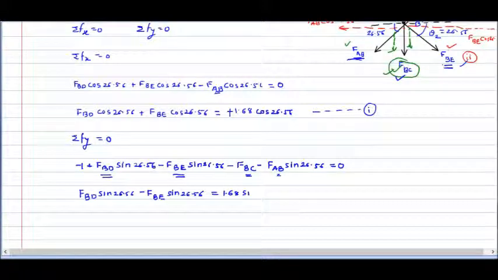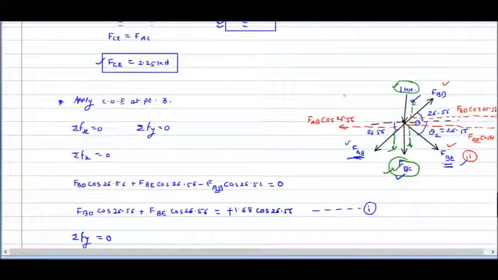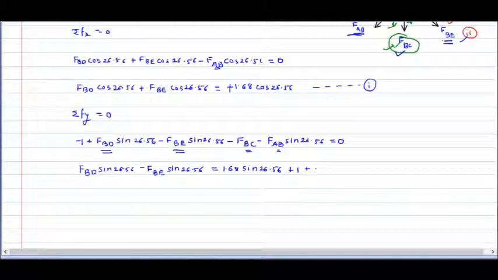1.68 sine of 26.56. This 1 also I will take at this side, plus 1, nothing else, that's it. And force in member BC, this also will become plus, and value for force in member BC we just calculated as 0, so plus 0.